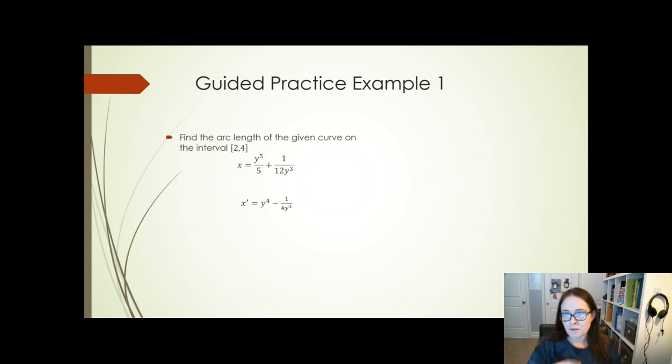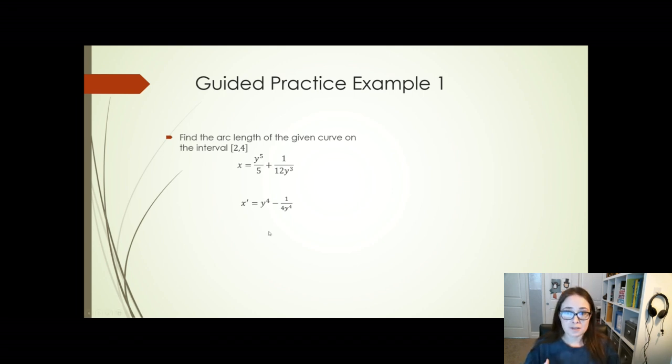So that 5 goes out front and cancels with the 5 in the denominator, and then you get y to the 4th. And then the same thing with the other term. Remember that 1 over y cubed is the same thing as y to the negative 3rd. So if I take a negative 3 and subtract 1, I'm going to get a negative 4 there. And then the 3 and the 12 will end up reducing, and I get that 1/4.